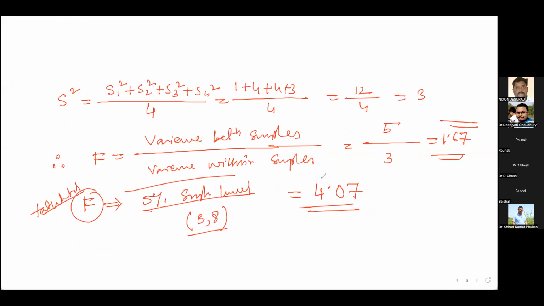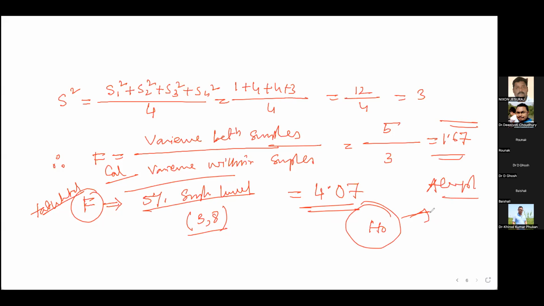Now we are going to compare the calculated F value with the tabulated value of F. As we observe, the computed value of F is less than the tabulated value, thereby the null hypothesis is accepted. We are accepting the null hypothesis here.